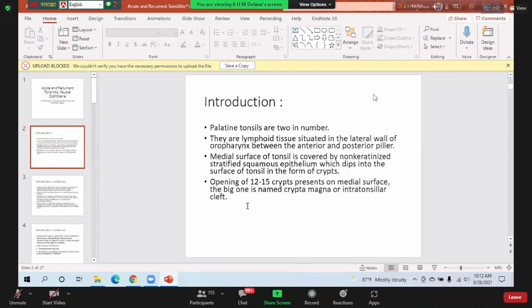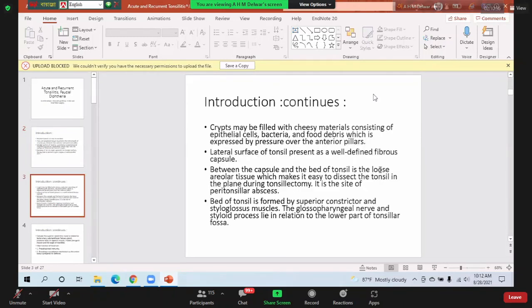The examiner may ask what the crypts are, what is the number of crypts, or what is the name of the big crypt, that is crypta magna. This is applied anatomy, and a general question to every student.